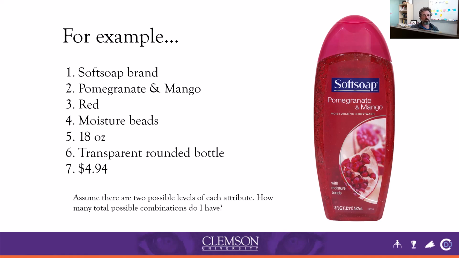Imagine that each of these things has 2 levels, so Softsoap versus, I don't know what another brand of soap would be, Dial. So pomegranate and mango versus cherry, red versus blue, moisture beads versus not, 18 versus 16, transparent versus not transparent, and $5 versus $6.